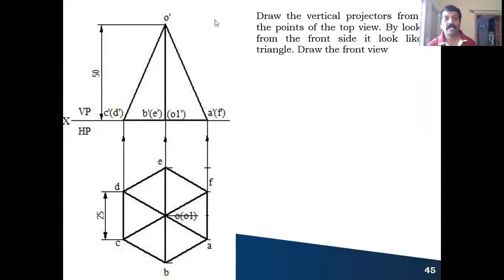After getting this O dash, you join it to all the points. Here the axis from O dash to O1 is there, but we cannot see it because the edge O2B or O2E coincides here and looks like a visible edge.